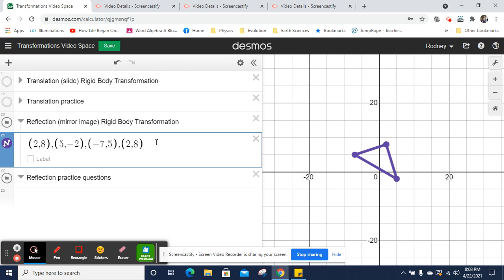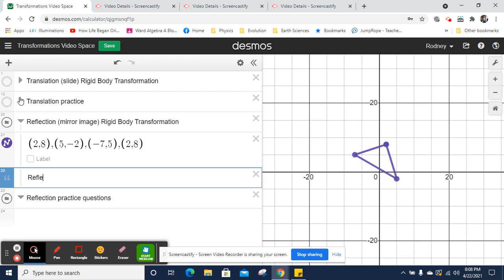So let's go ahead and do a reflection across the y-axis. Okay, so reflecting across the y-axis, just change the signs of all of the x coordinates.